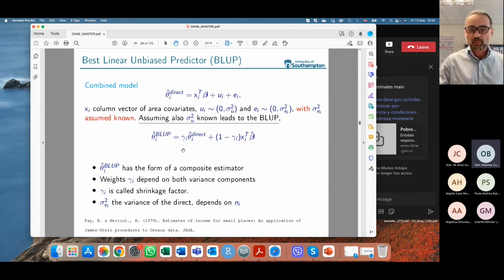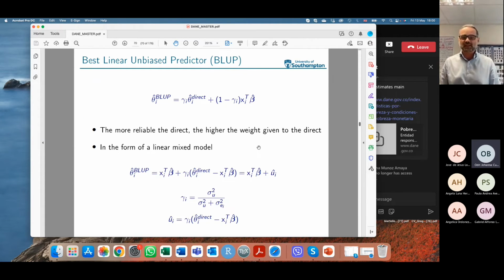So that's the form of the BLUP, the best linear unbiased predictor. I'm rewriting this here, and just to get an intuition about what the BLUP does, think about it. If you have a very reliable direct estimate, for example, say you have a very big sample size in areas in Bogota, your direct estimate is very reliable.